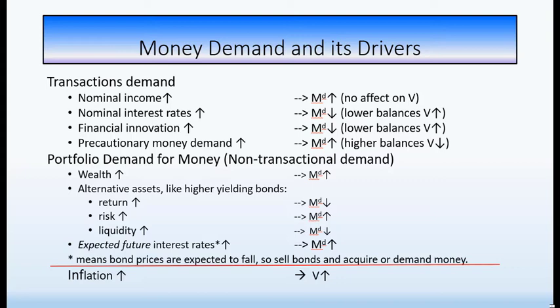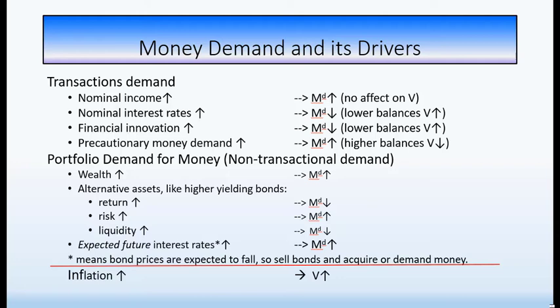And the first thing we see is nominal income. Nominal income reflects inflation, essentially the current price level. And what we see is when your income goes up, your money demand goes up. And that kind of makes sense. The more money you earn, the more likely you're doing transactions, or you're going to need money to perform transactions.